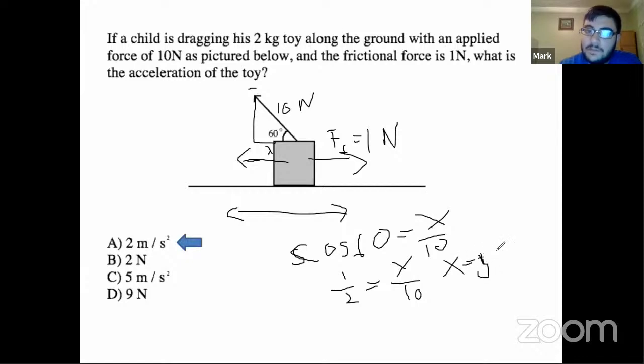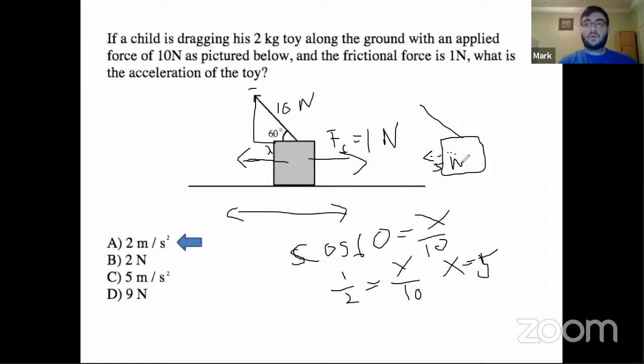So I'm going to redraw this. This is the box. This is the guy pulling on it. So we know that the x component of this force is 5 newtons. We want to find out what the acceleration is.